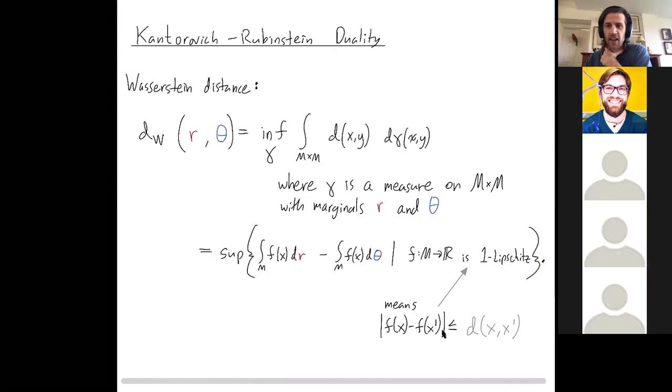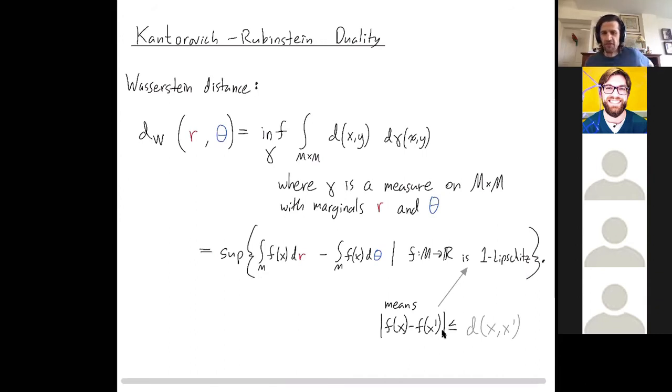So that's another way of computing the Wasserstein distance between measures r and theta: find the maximum over all one-Lipschitz functions f of the integral of f with respect to r minus the integral of f with respect to theta. We'll see from a high level how this comes up.